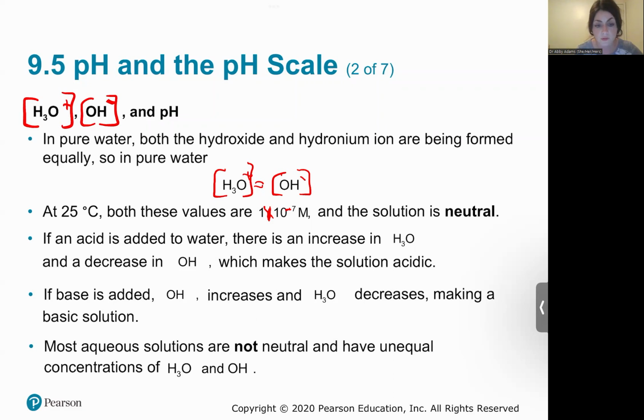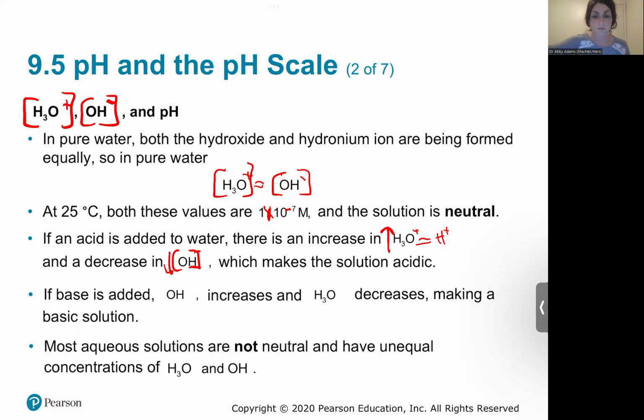So if you add acid to the water, and this hydronium ion is equal to protons, basically, there is an increase in your hydronium ions, and a decrease in your hydroxide ions. It's going to make that solution overall acidic.